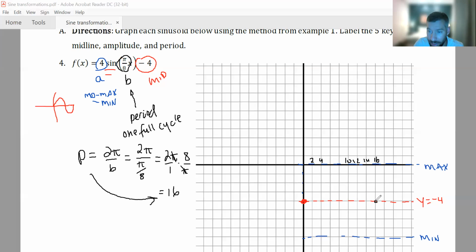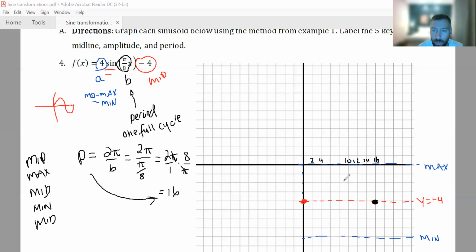So I'm going to put a dot there on the midline because I remember that these graphs go from mid to max to min to mid. Oh, I'm missing one. Did anybody catch that? Oh, doctor. Mid, max, mid, we've got to go back to our mid, then our min, then we can go back to our mid again. So it goes middle, top, middle, bottom, middle.